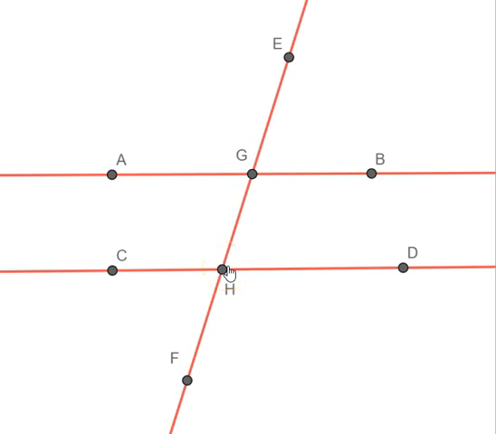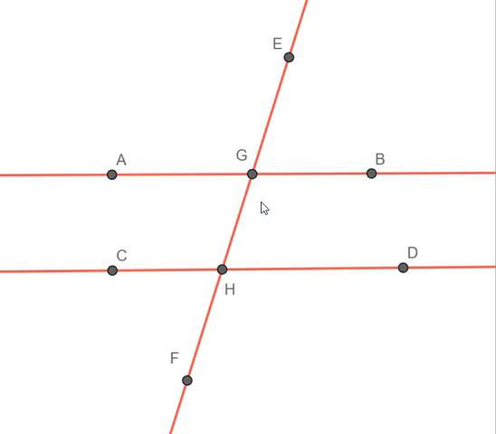So if we incorporate that, we end up with angle BGE plus HGB is equal to 2 right angles, and then we substitute that BGE with the corresponding angle because they are both equal. So DHG plus HGB is equal to 2 right angles, which is what we had to prove.